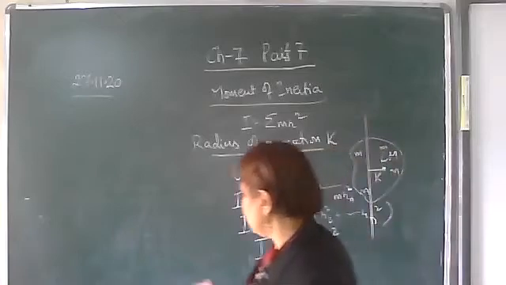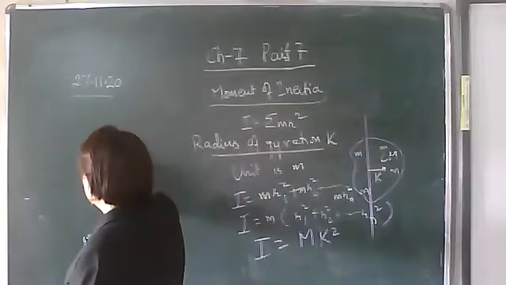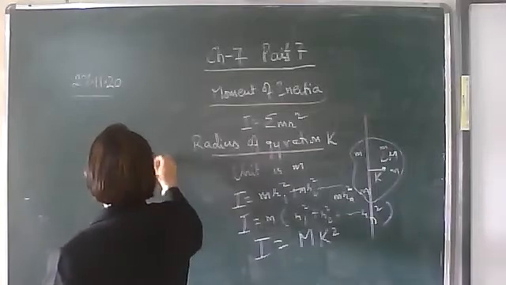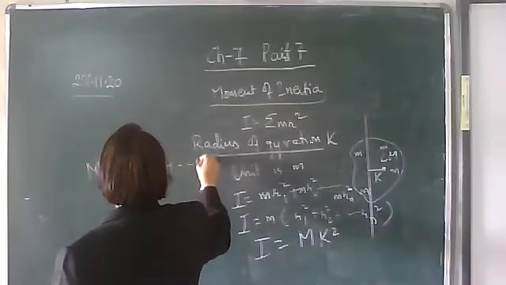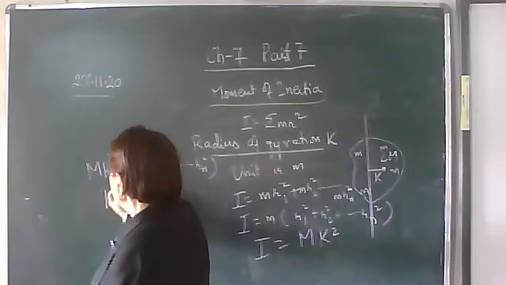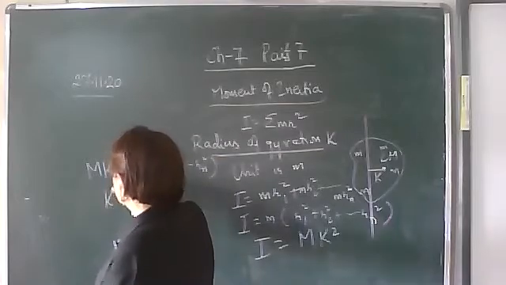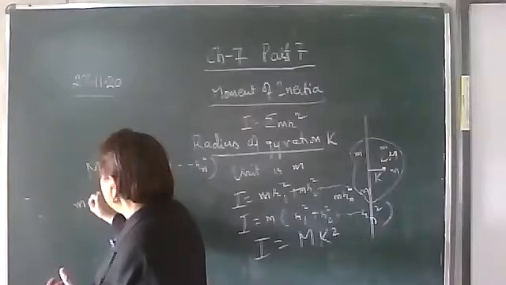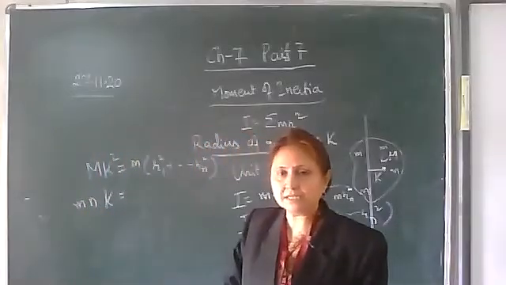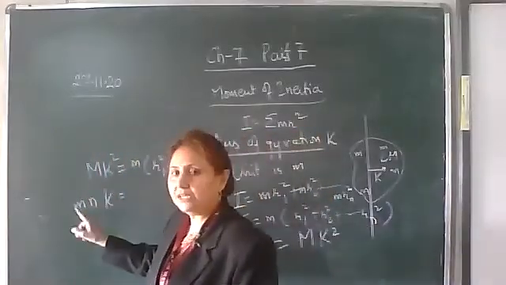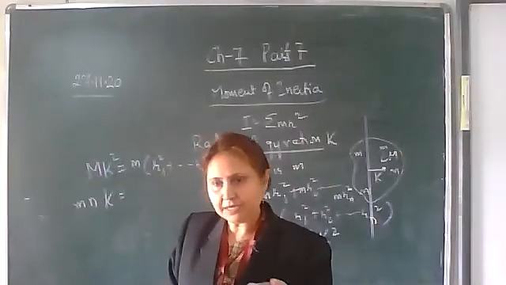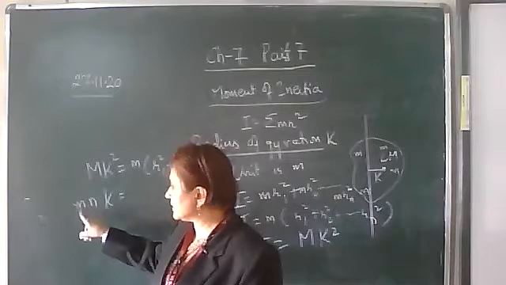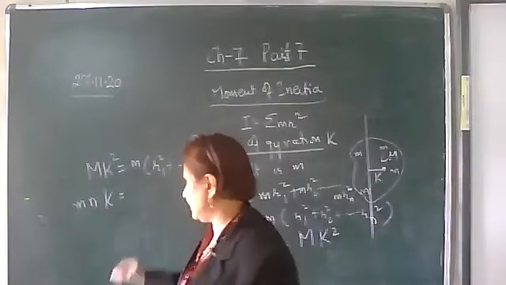So equating these two, we get M k square is equal to m r1 square and so on up to rn square. The total mass of the body can be written as the mass of one particle into the total number of particles. Let there be n number of particles, each of mass m.